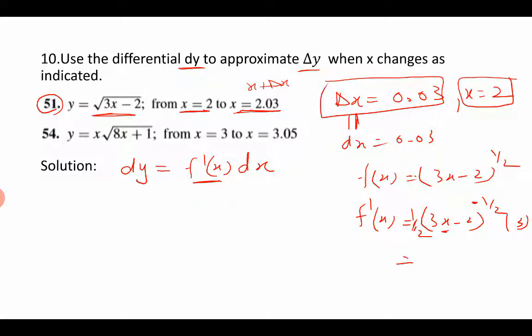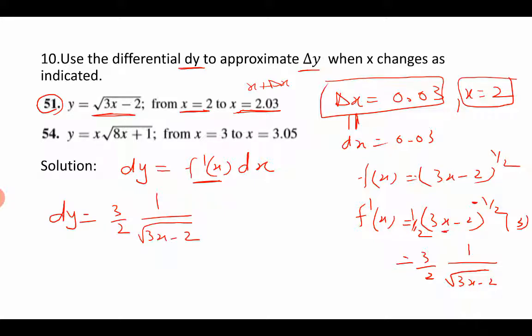So your answer here is 3 over 2 times 1 over square root of 3x minus 2. So this is what our dy is: 3 over 2 times 1 over square root of 3x minus 2, and dx is written here.